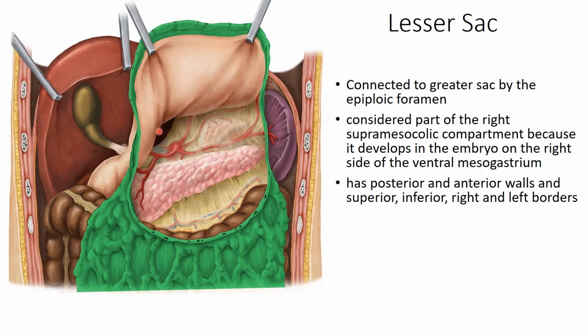It is connected to the greater sac by the epiploic foramen, which is shown here, and it is considered a part of the right supramesocolic compartment because it develops in the embryo on the right side of the ventral mesogastrium. It has a posterior and anterior wall and superior, inferior, right and left borders.